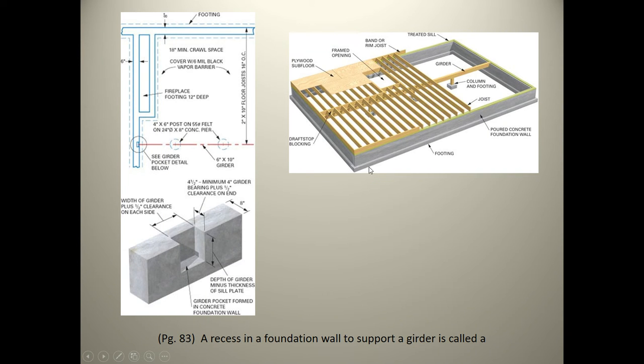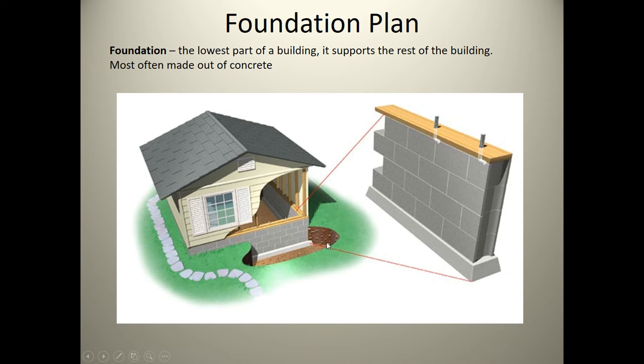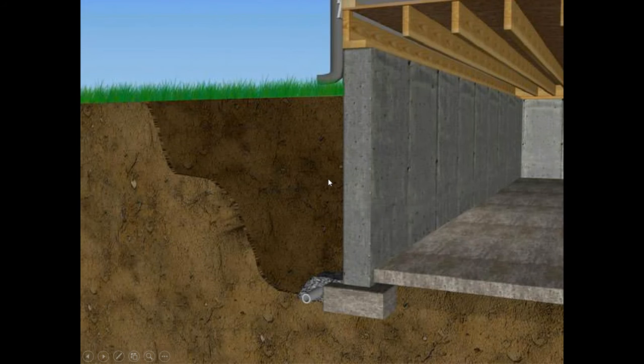So let's go back and look at our part of the country. The ground freezes, and it freezes up to 4 feet deep sometimes. In our part of the country, we have basements in our houses because we need to dig down below the frost line.